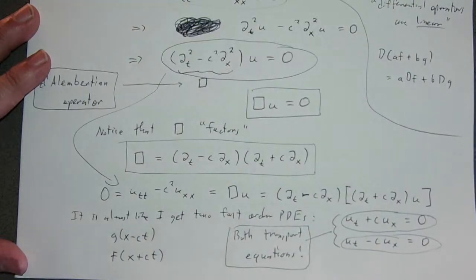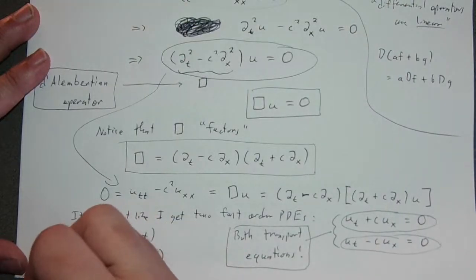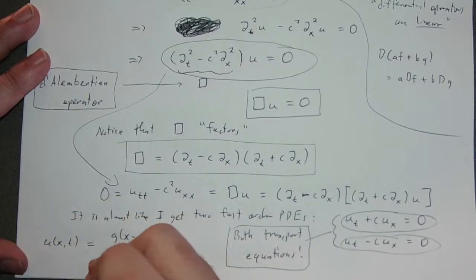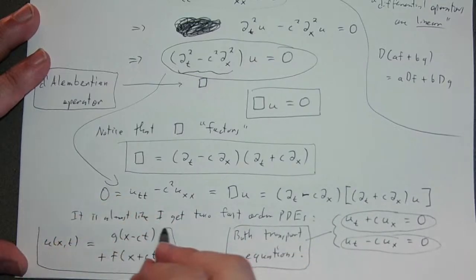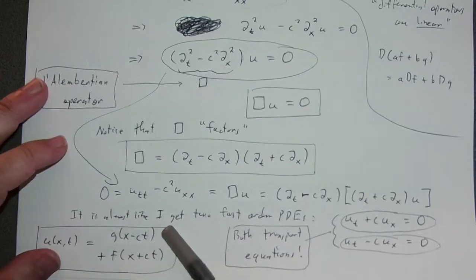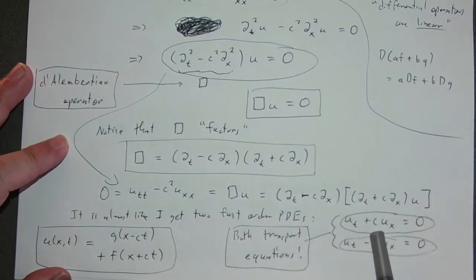My intuition from this factoring is that it should be a sum of these things. Because this was my general solution to the first order transport equation.